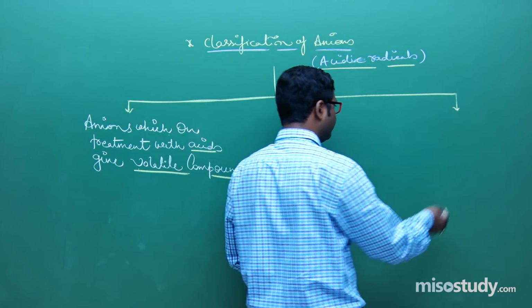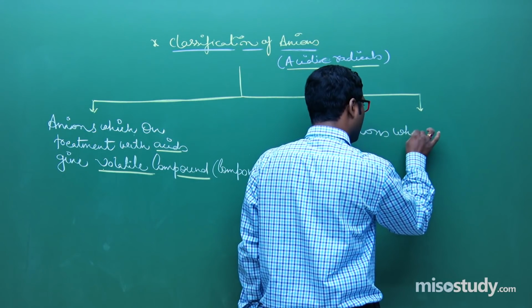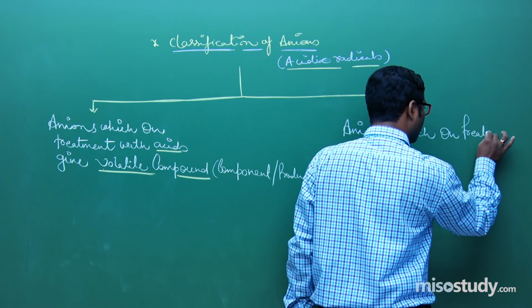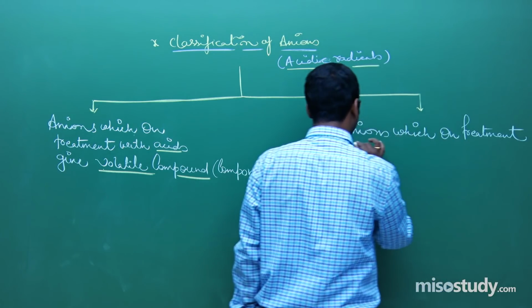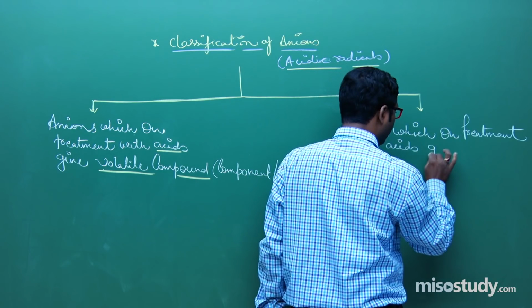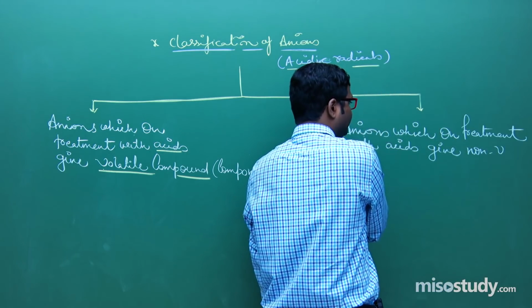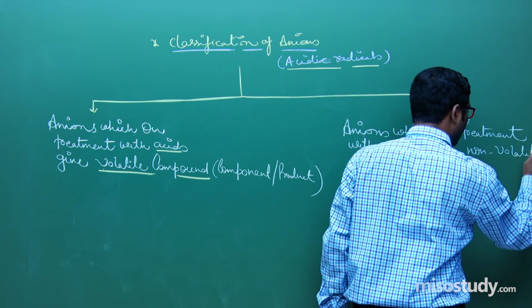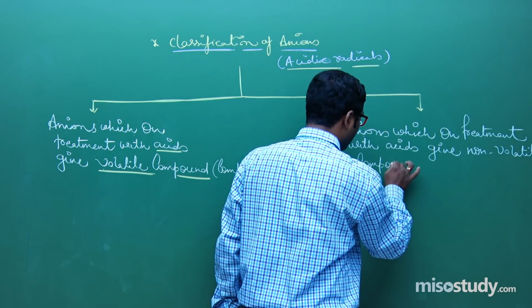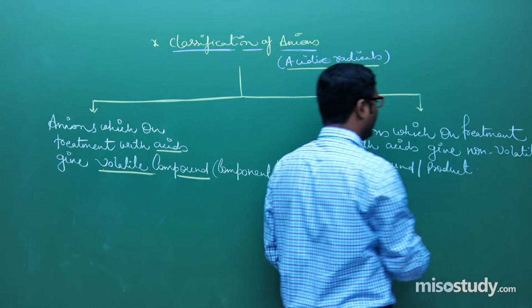The next one is anions which on treatment with acids give non-volatile compounds, or you can say non-volatile components, or non-volatile products.